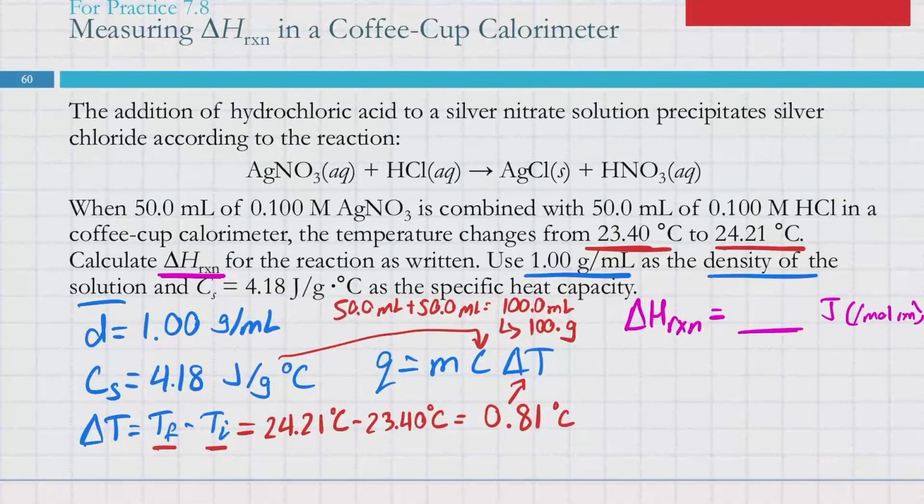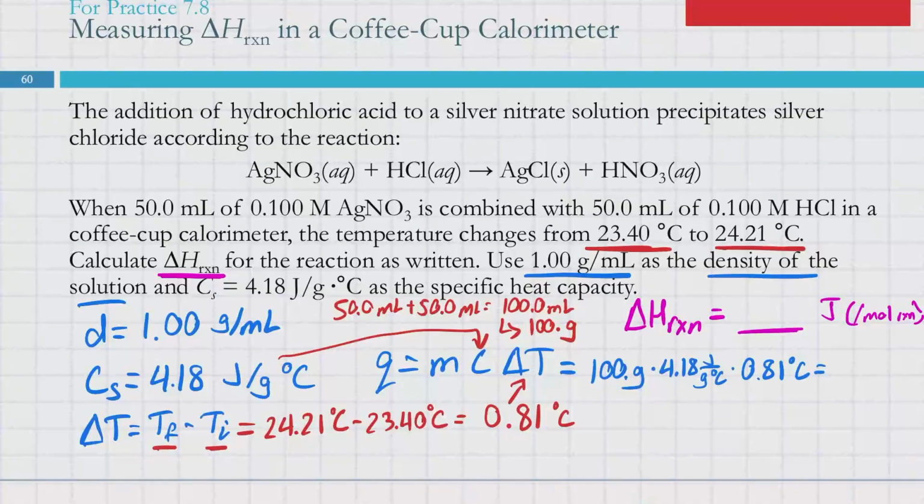Now we've got mass, we've got C because we were given it, we calculated delta T. So we can calculate our Q. It's 100 grams times 4.18 joules per gram degree Celsius times 0.81 degrees Celsius.